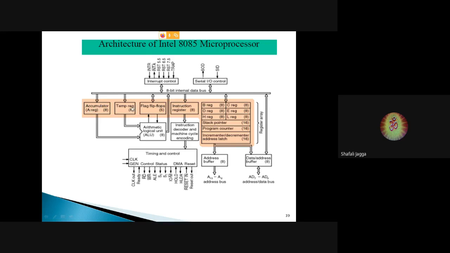Then we talk about the temporary register. This is an internal register of the 8085 microprocessor. It is used by the microprocessor for its own operation, but it is not used by the user.